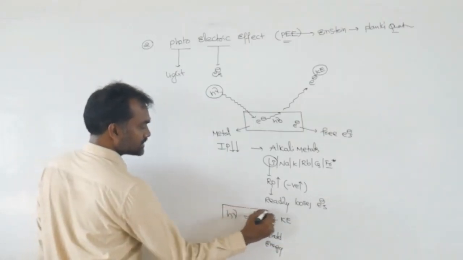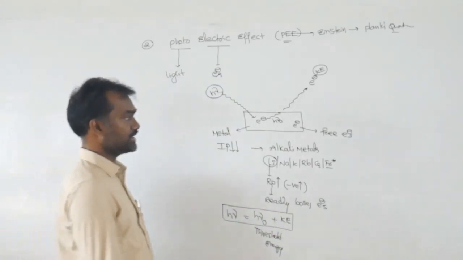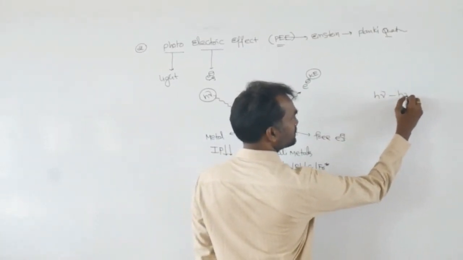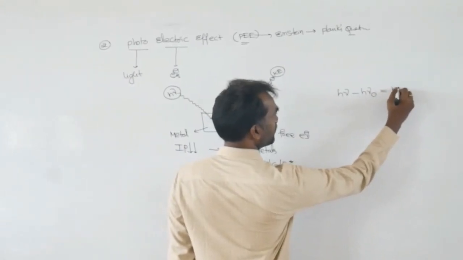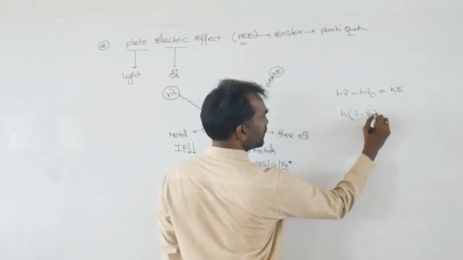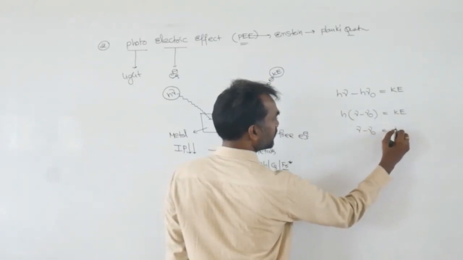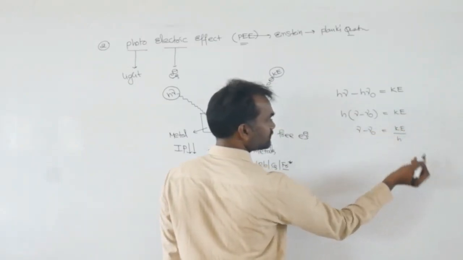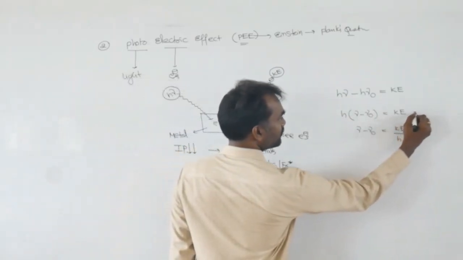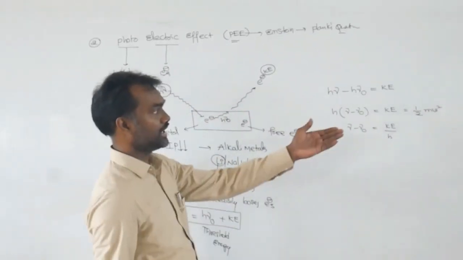So these applications you can take in different ways. How can we write kinetic energy? h nu minus h nu naught equal to kinetic energy. h is common, so h into nu minus nu naught equal to kinetic energy. Nu minus nu naught equals kinetic energy by h. Otherwise, kinetic energy equals half m v square.